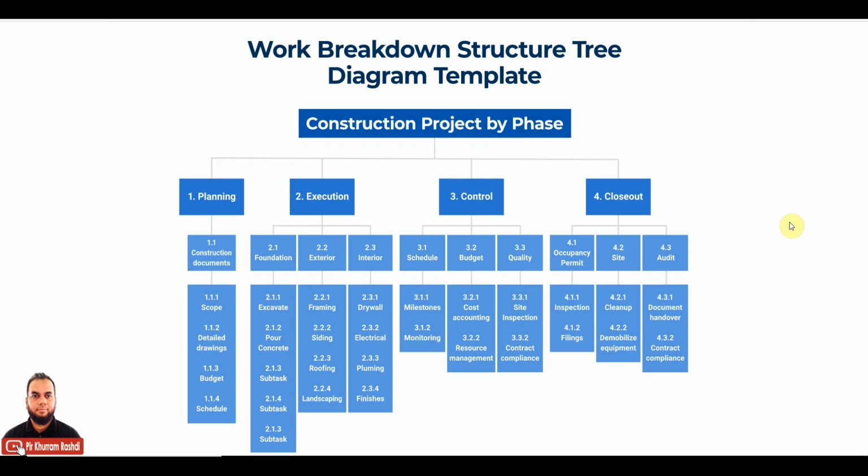Deadlines will not be met, and that's why in those cases a detailed work breakdown structure will be required, along with strict, diligent tracking of work progress and of the cost.